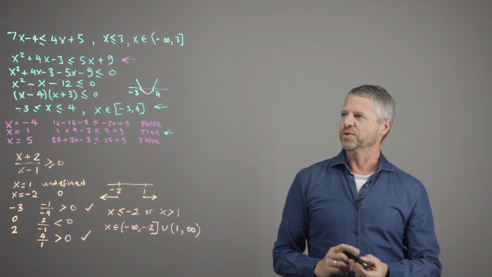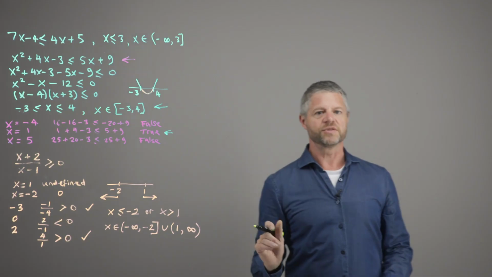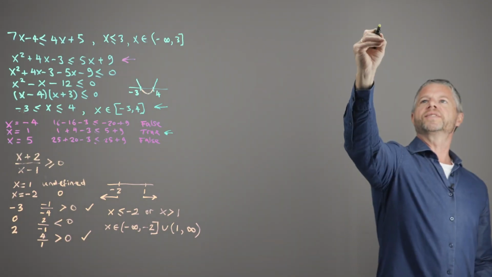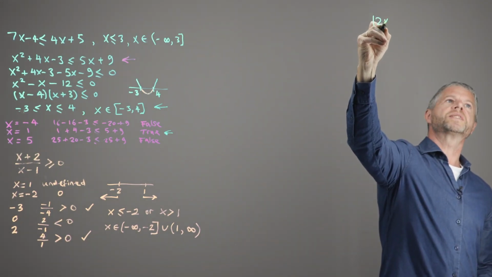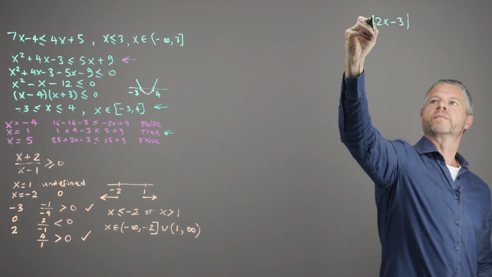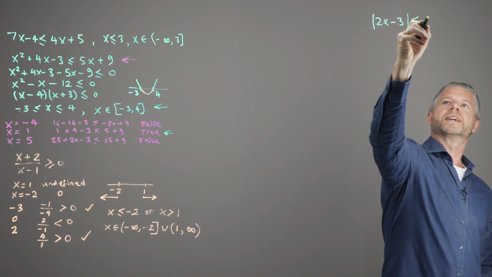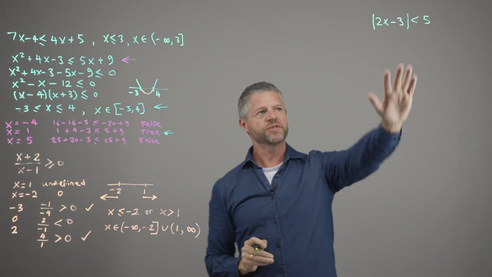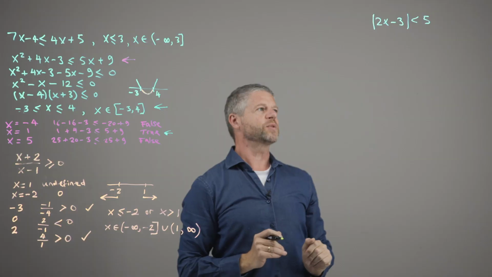Let's move to an example involving absolute values. So let's do |2x minus 3| less than 5. So we want to find all values of x that satisfy that inequality.